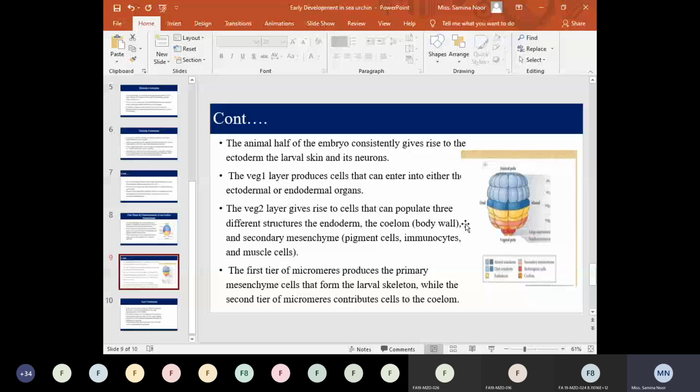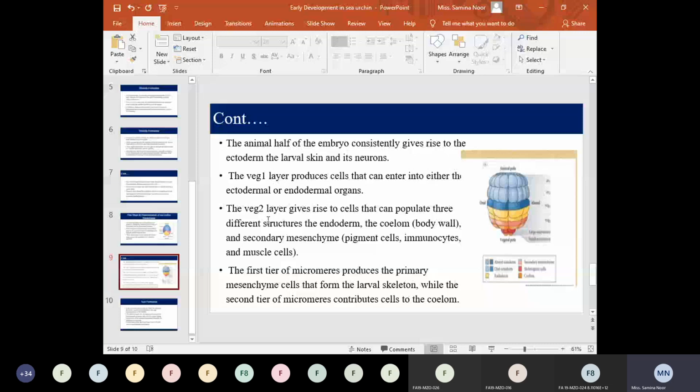So the cells of the vegetal one layer in future might form ectodermal structures, or their progeny might form the endodermal organs. When the cells of the VG1 layer divide in future, some of them may form ectodermal structures, and some will form endodermal structures.